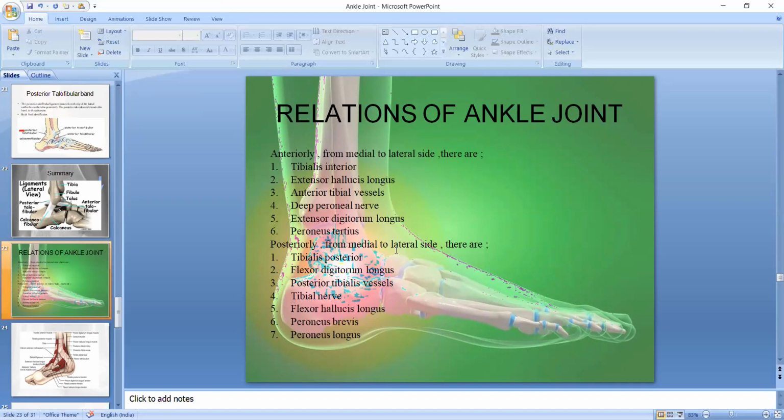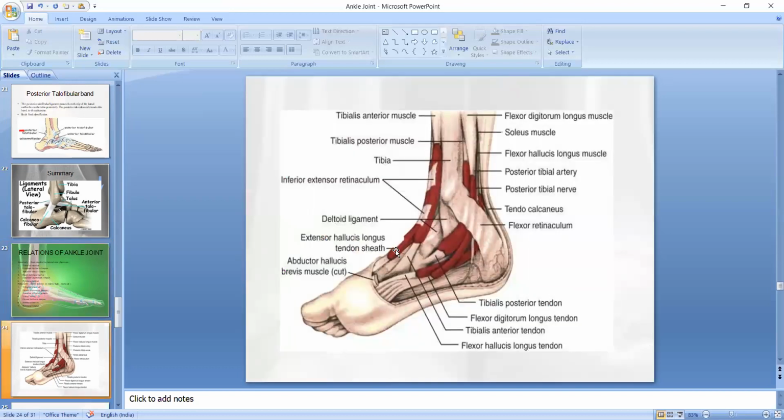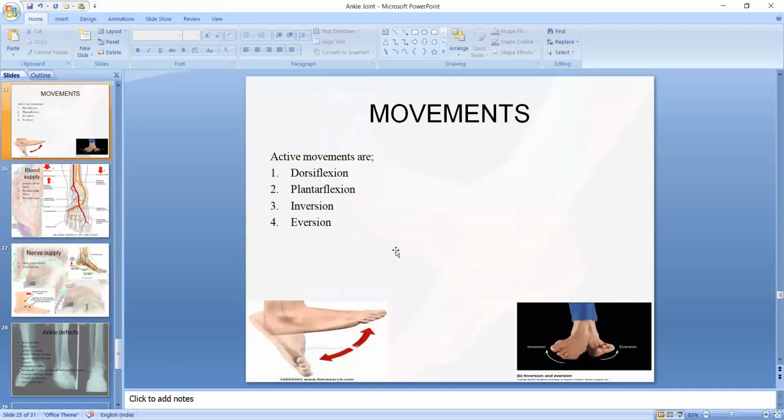Posteriorly, from medial to lateral side, these are tibialis posterior, flexor digitorum longus, posterior tibial vessels, tibial nerve, flexor hallucis longus, peroneus brevis, and peroneus longus.